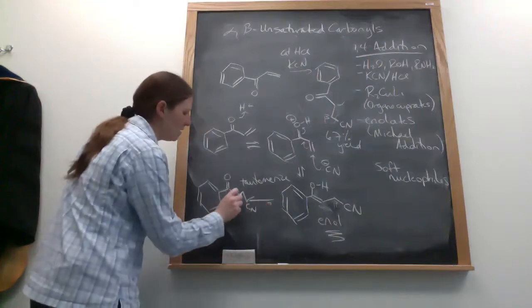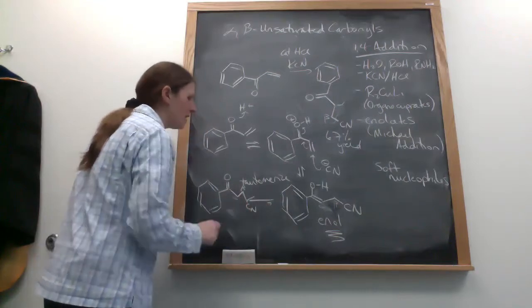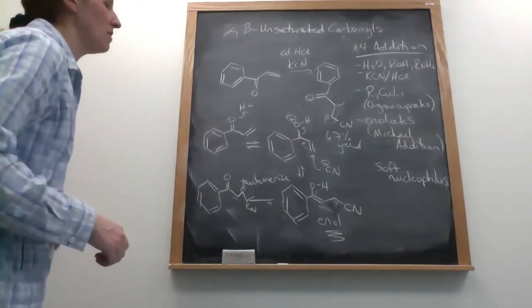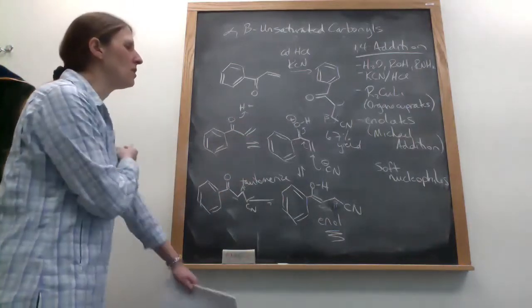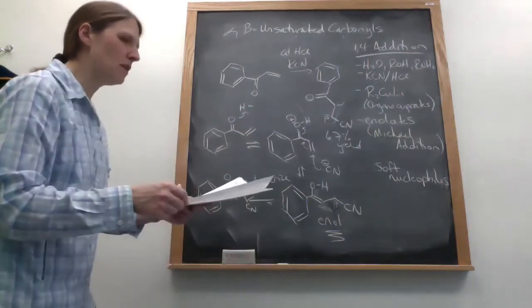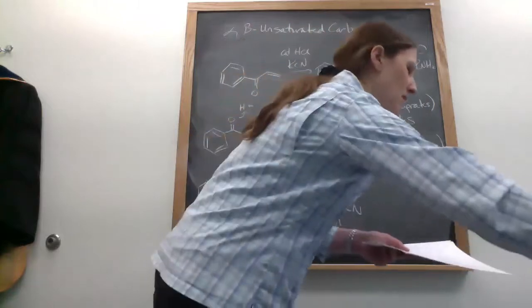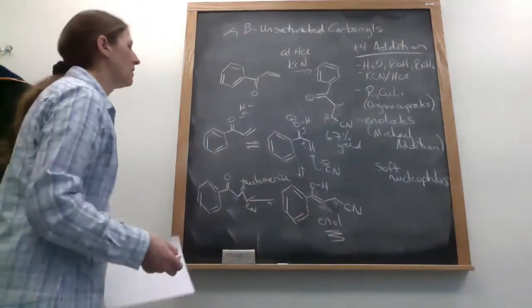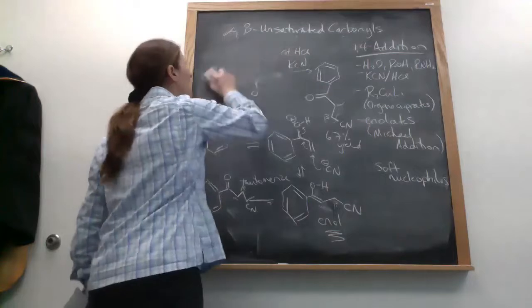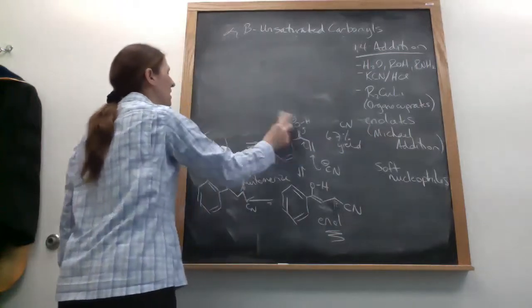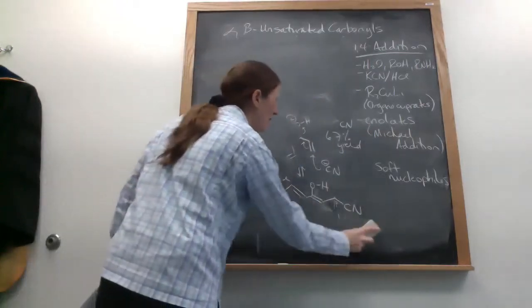And again, this is adding to the beta carbon as a result. I didn't draw out the full mechanism for tautomerization, but we have seen that before under acidic conditions as a result.